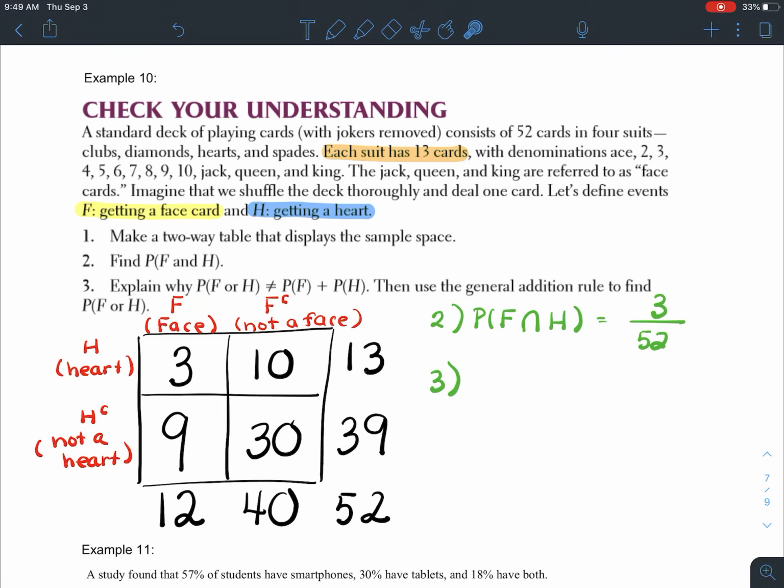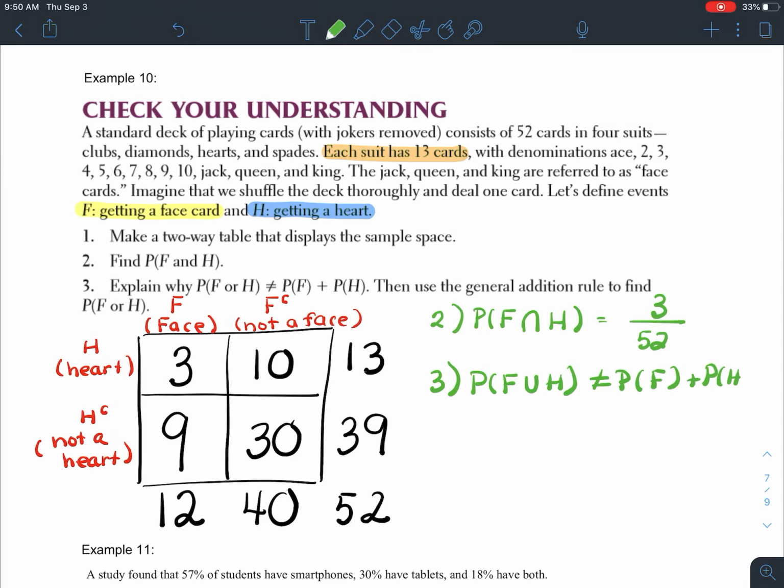And then number 3, it says, explain why the probability of a face or heart is not simply the probability of a face plus the probability of a heart. Then they want us to actually go through and calculate that probability.